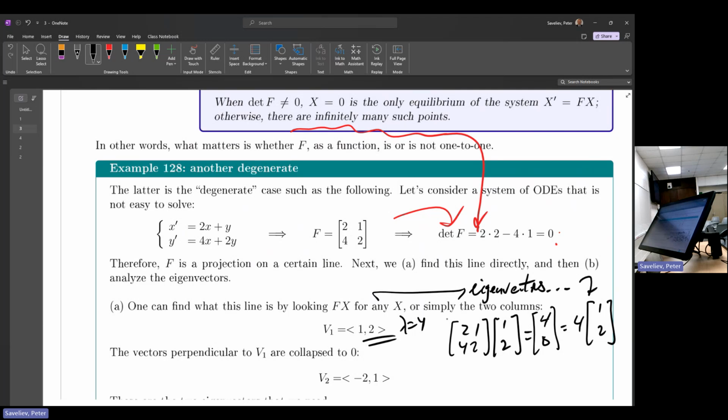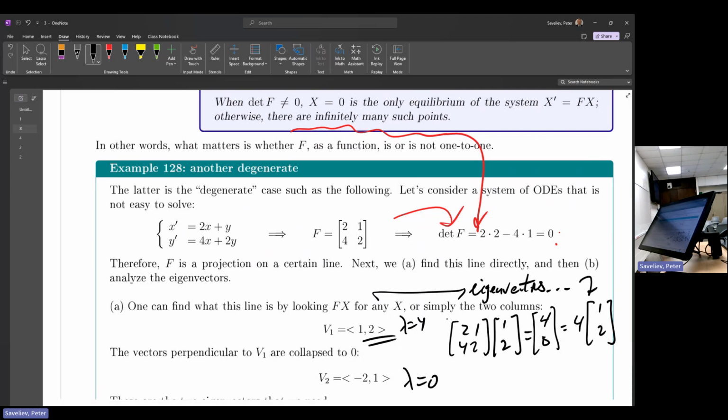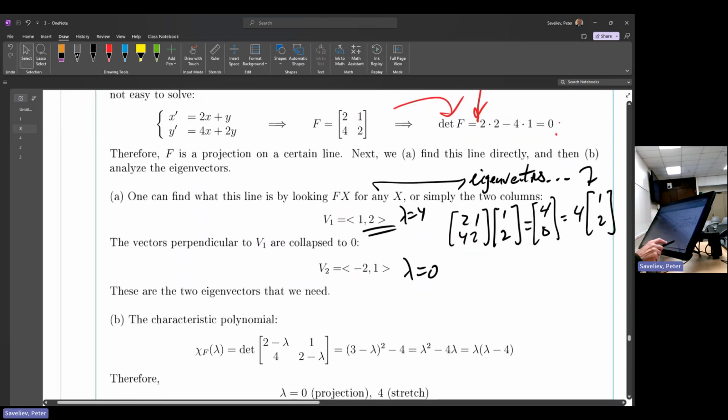On the other hand, in the direction perpendicular to it, the vector is negative 1, 2, and that is the eigenvalue 0. That's what the projection is. Eigenvalue equal to 0 gives you a projection, which means that in that direction there will be no motion. So if you were to carry it out, these are guesses, or kind of ad hoc analysis.